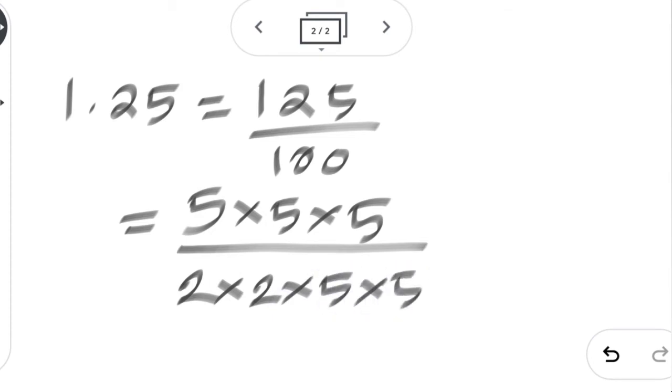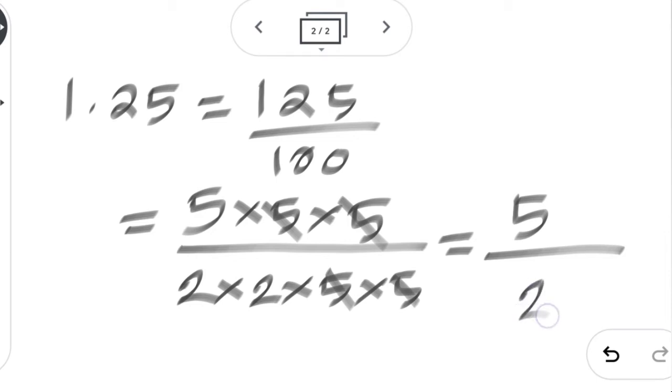We can cancel two 5's from denominator and numerator. That's equal to 5 by 2 into 2, and 2 into 2 is 2 square. Here the denominator contains the prime number 2 only.